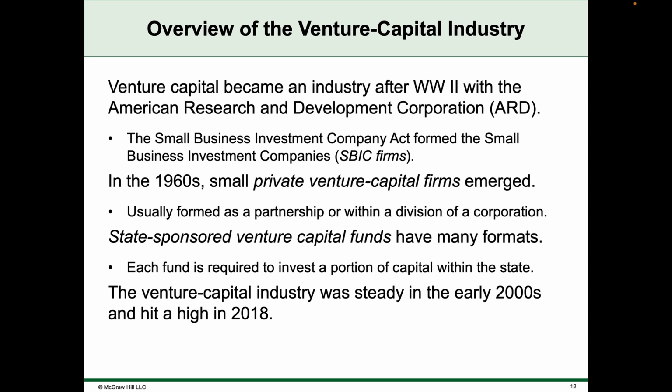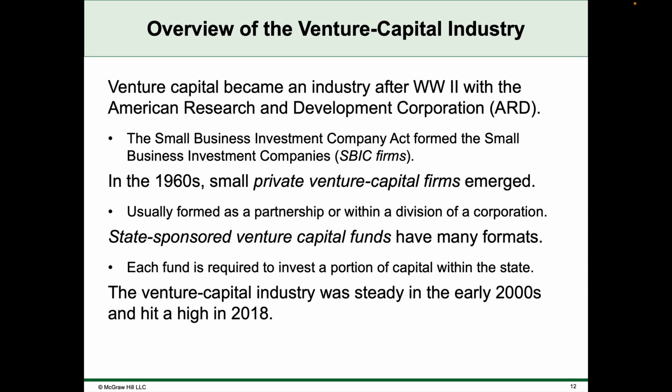The Small Business Investment Company Act of 1958 married private capital with government funds for small business investment companies, SBIC firms. SBICs were the start of the formal venture capital industry. A significant expansion of SBICs occurred in the 1960s, but many failed due to a variety of reasons.